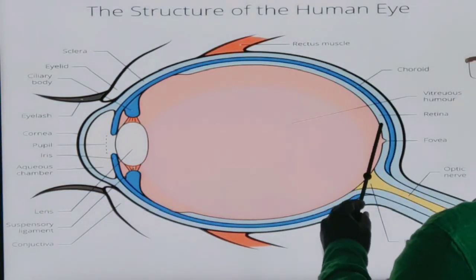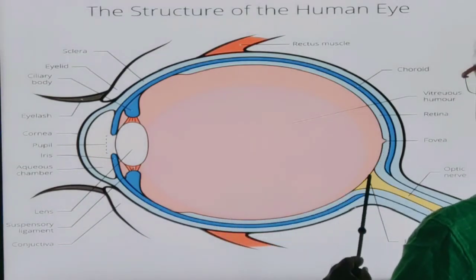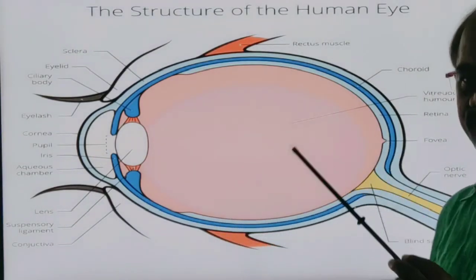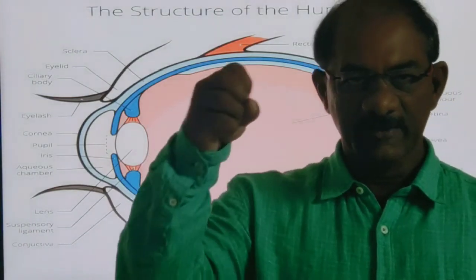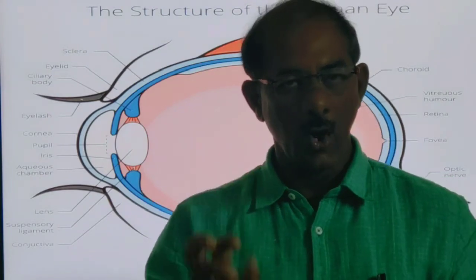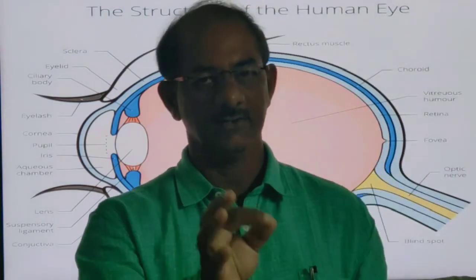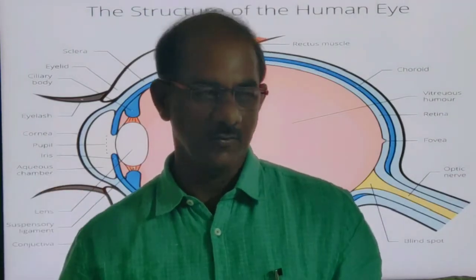And that type of photoreceptor cells are present in the region called the retina, which is the inner part of the eye. Particularly, the rod is rod shaped, and the cone is cone shaped, so they are named the rod cell and the cone cell.